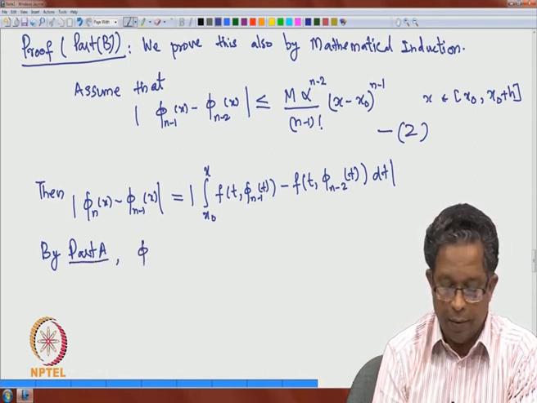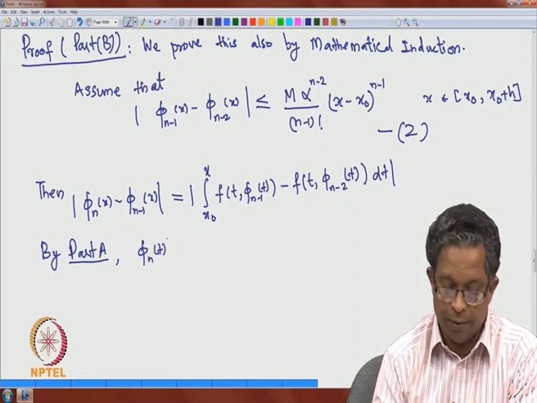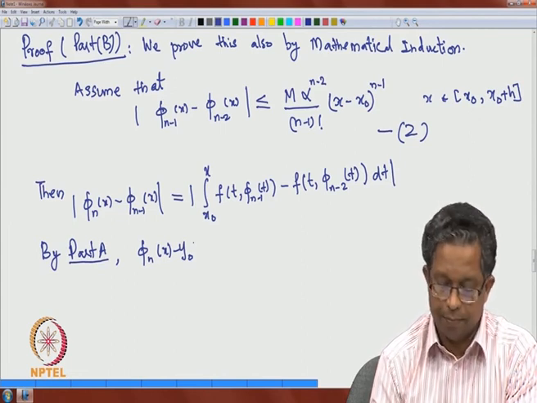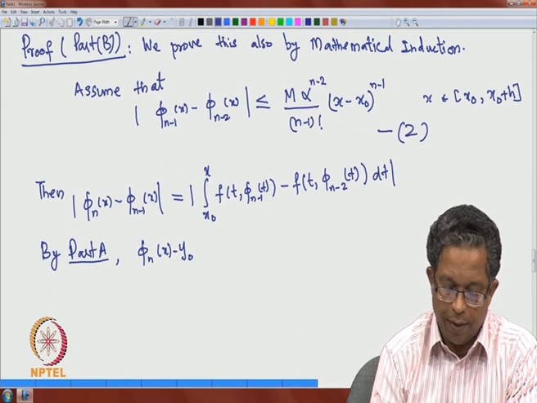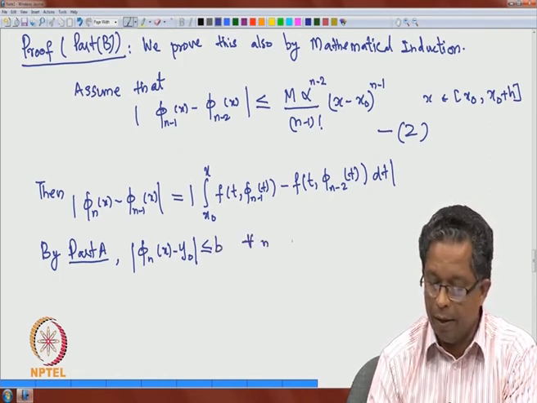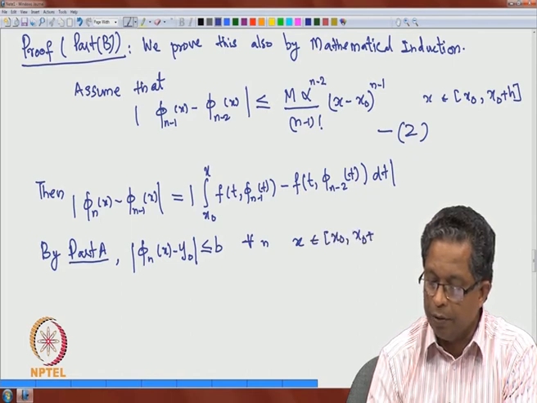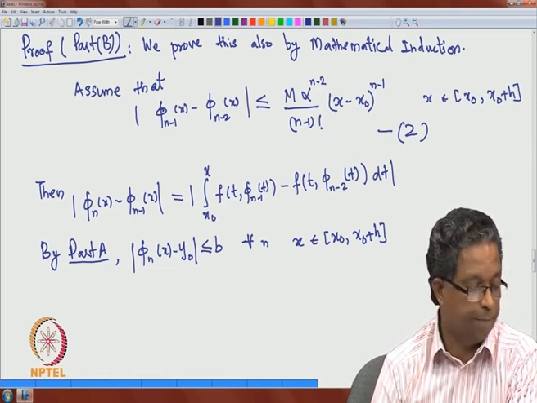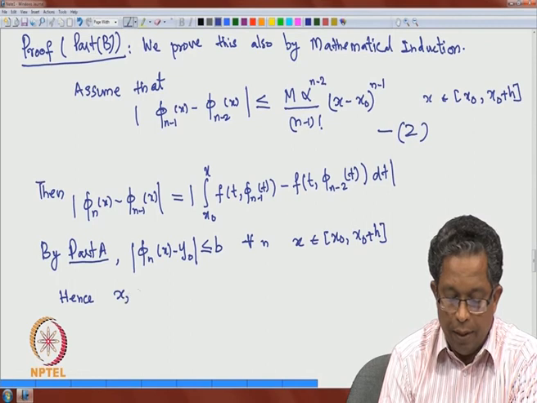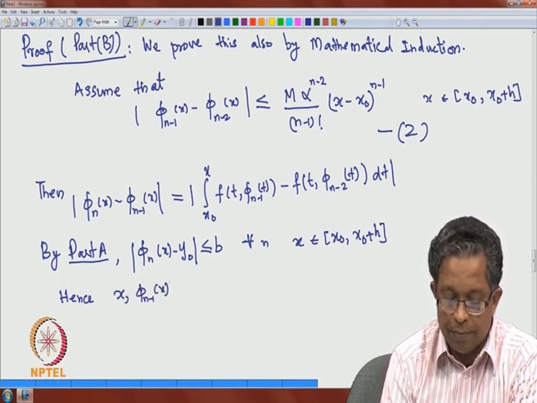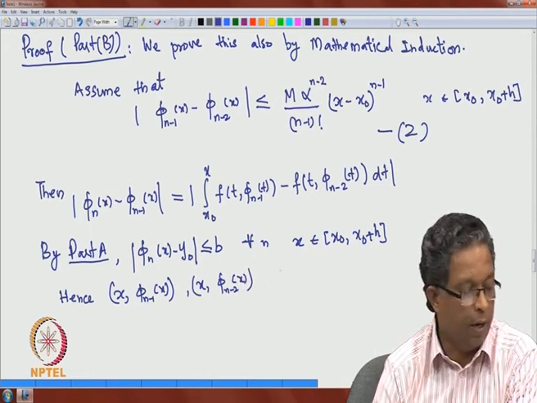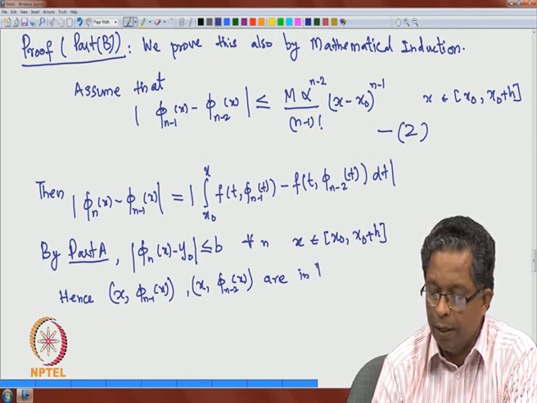In part A we have shown that the absolute value of phi n of x minus y 0 is less than or equal to b for all n and x in the interval x 0 plus h, which we have established in part A. So, hence the points (x, phi n minus 1 of x) and (x, phi n minus 2 of x), both these points are in the rectangle R1.